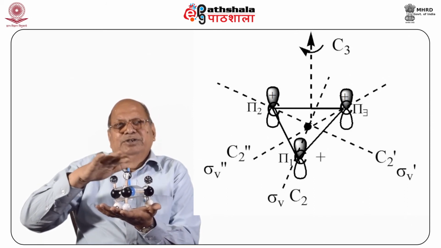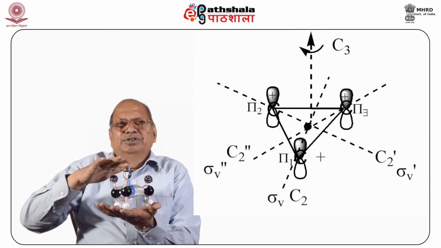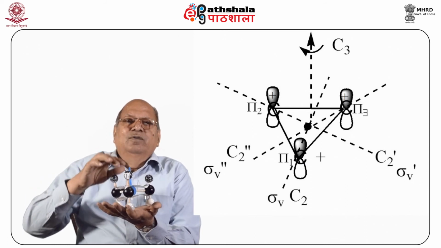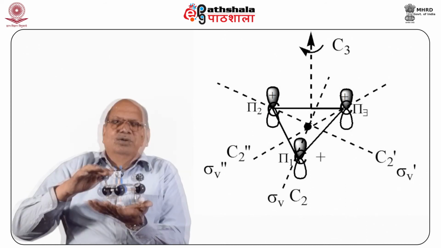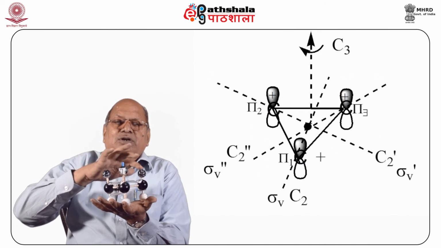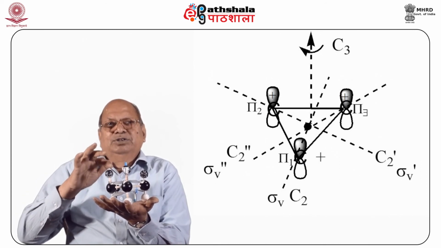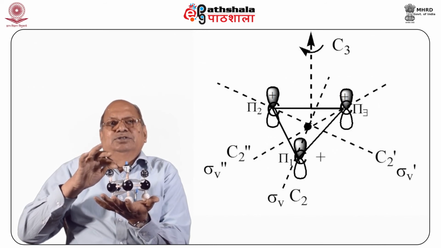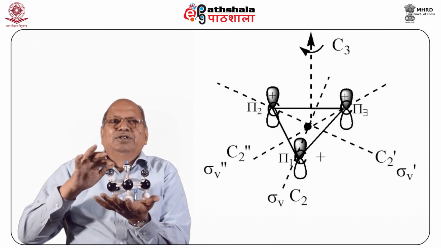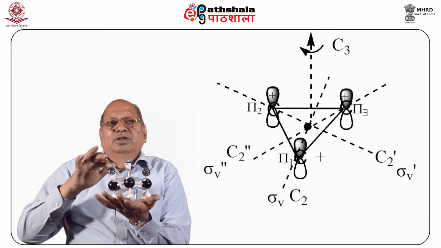Like this we will take up all the symmetry operations of the D3h point group and see the effect of various symmetry operations on these 3 p orbitals, pi 1, pi 2, pi 3, and all the results for each and every symmetry operation are summarized in the table given.